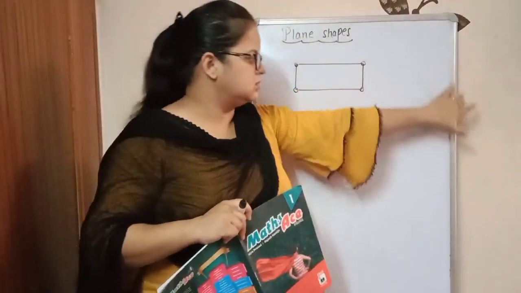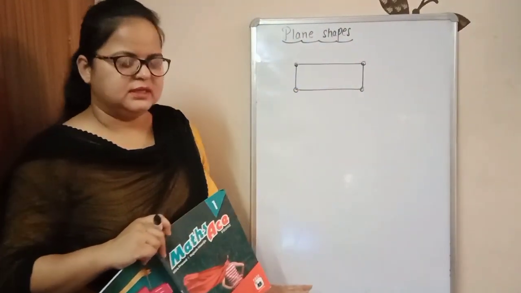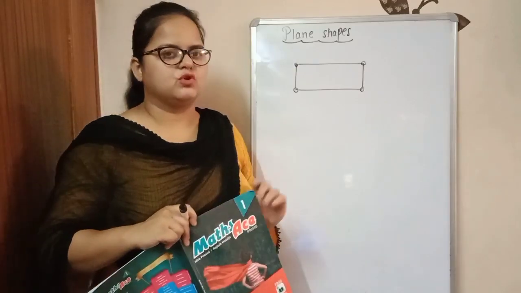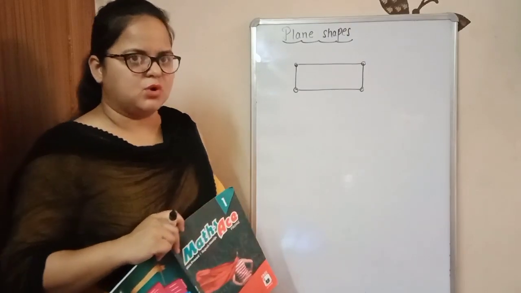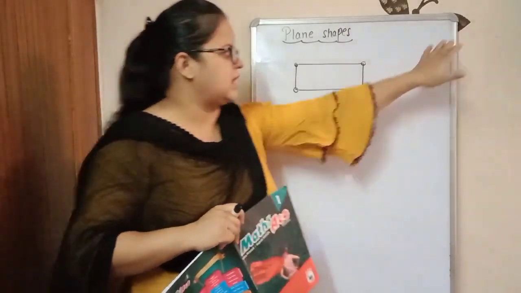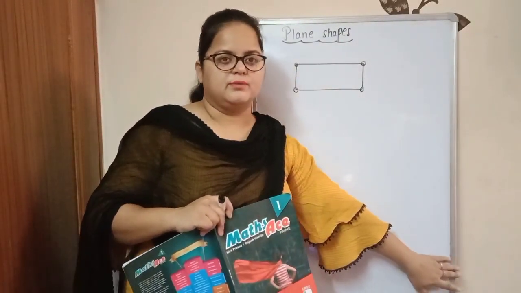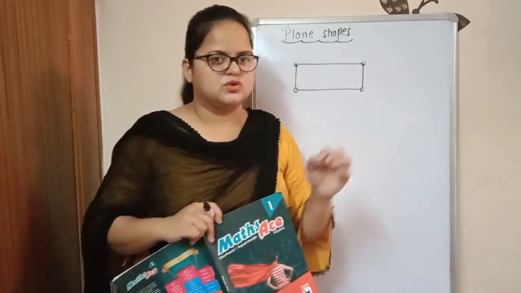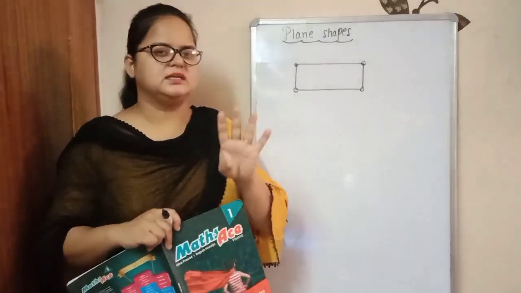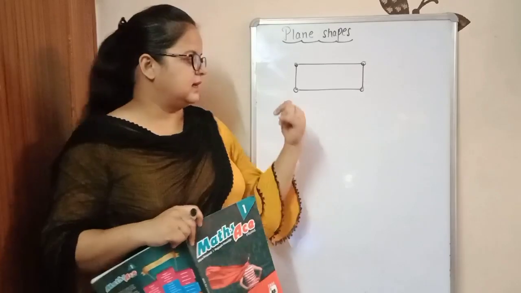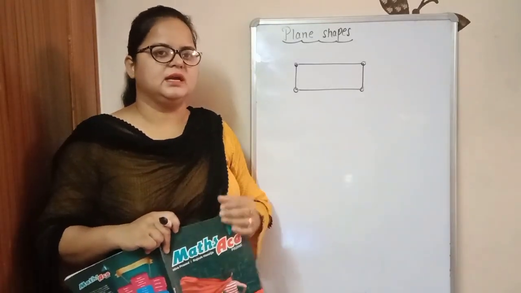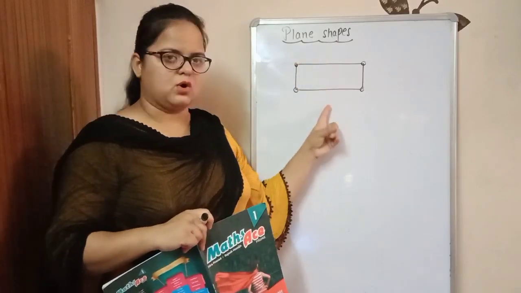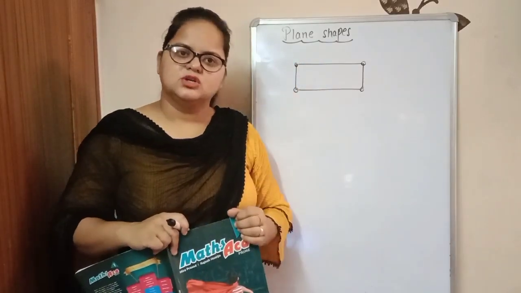But see, these 2 sides are small and these 2 sides are long. Understand? A square has 4 equal sides and 4 corners. A rectangle has 4 corners and 4 sides again, but 2 sides are long and 2 sides are short.